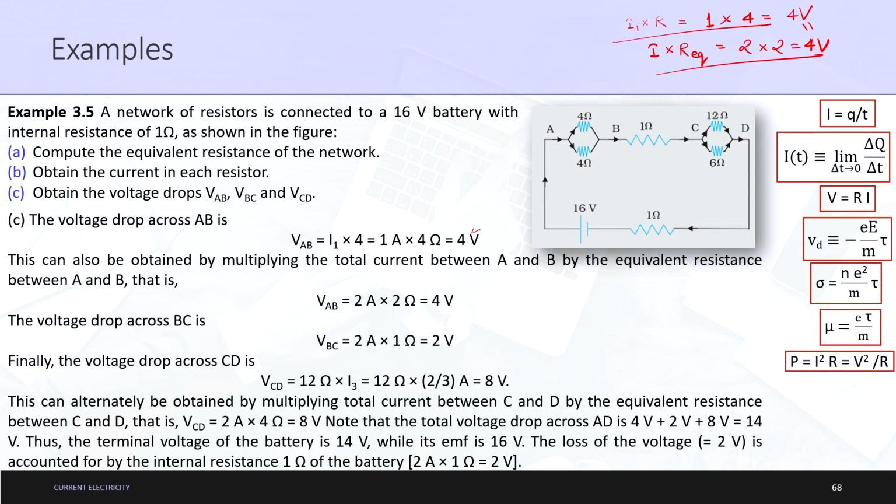Note the total voltage drop across AD is 4 plus 2 plus 8, which is equal to 14. Please look over this concept very carefully because it is a new concept. The complete voltage difference of the battery is 16 volts. Let us suppose we do not know the concept of internal resistance. We supply a 16 volt battery and suppose that there will be a distribution of 16 volts across all these three series resistors.